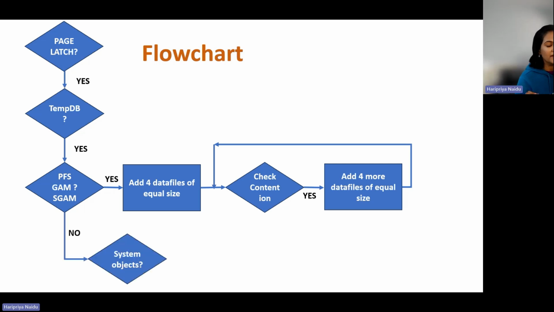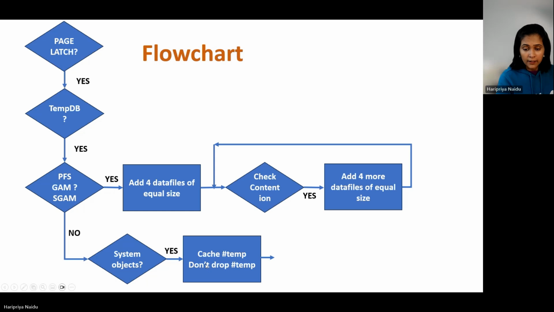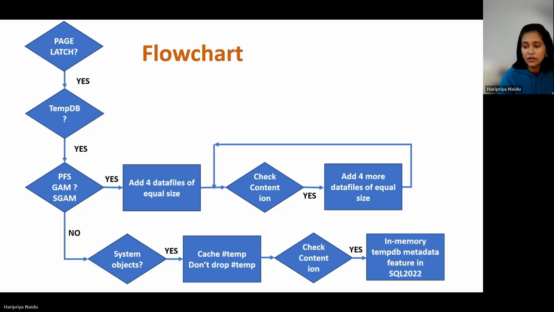But instead of PFS, GAM, SGAM, if you see page latches on these system objects here, then the direction you have to take is cache your temp tables and avoid dropping your temp tables. And if you still see contention, now enable that in-memory TempDB metadata feature in 22. All right.